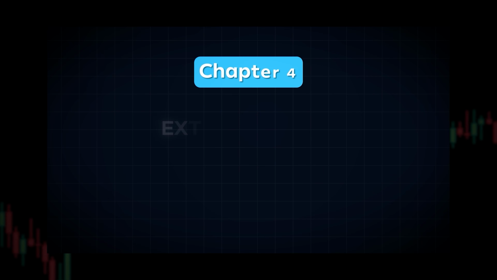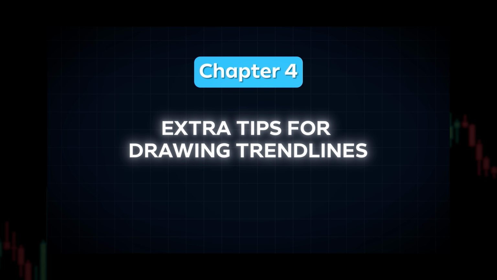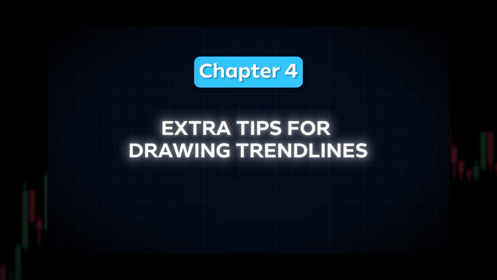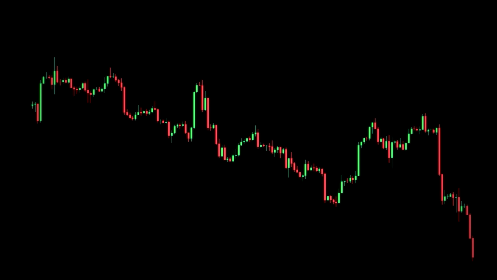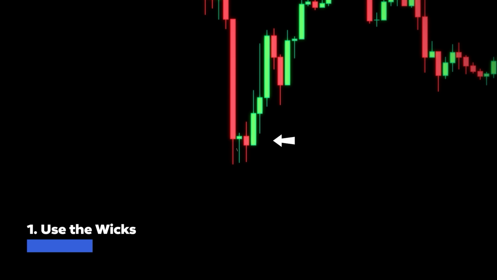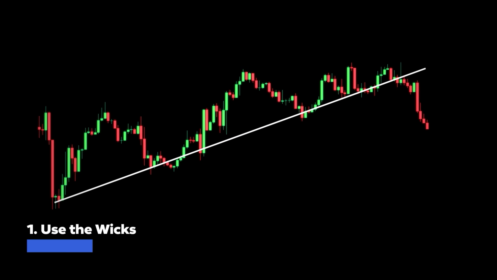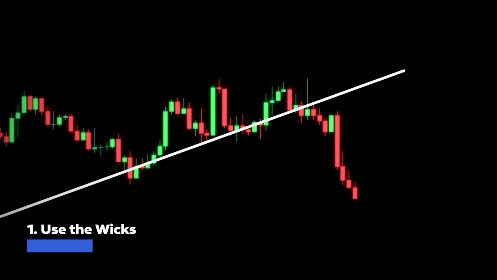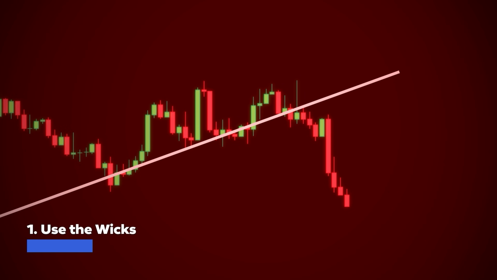Here's a few extra tips for drawing trend lines the right way that will help you avoid getting tricked by the market. Number 1. Use the wicks of candles to draw trend lines. Some traders use the candle bodies, but I find that to be a less successful practice that's got me caught in some very bad trades. Number 2.